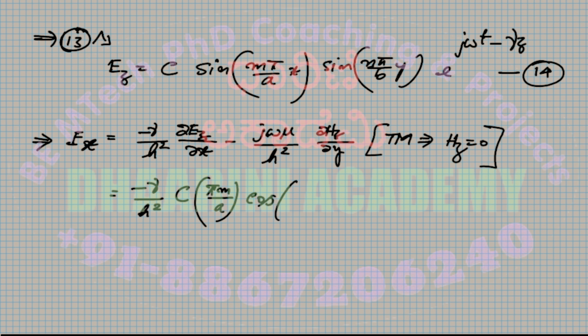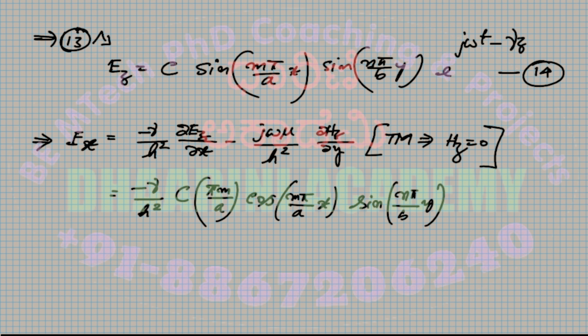So cos of m pi x by a, because differentiation happens only with respect to x. The y term remains as it is because it is a constant, that is sine of n pi divided by b times y.